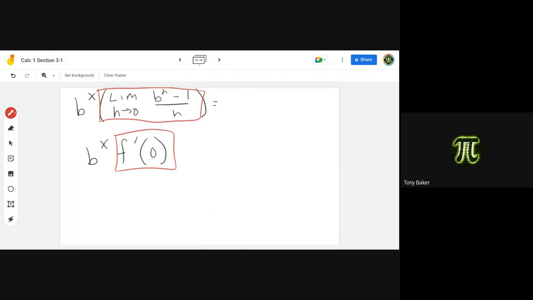Remember, that's the definition of the derivative, right? It's f of x plus h minus f of x over h.